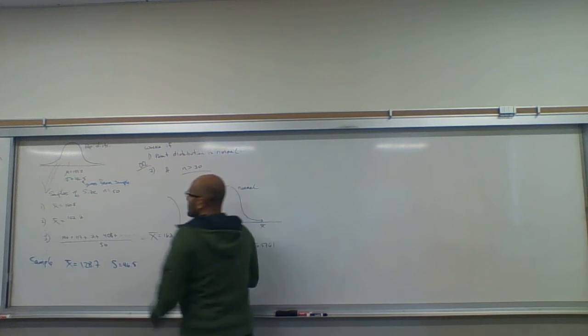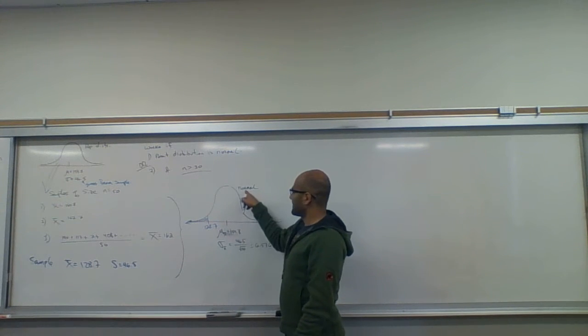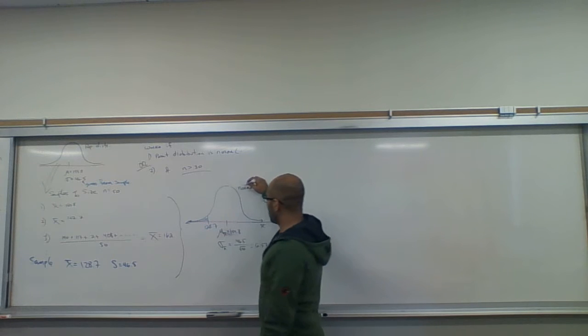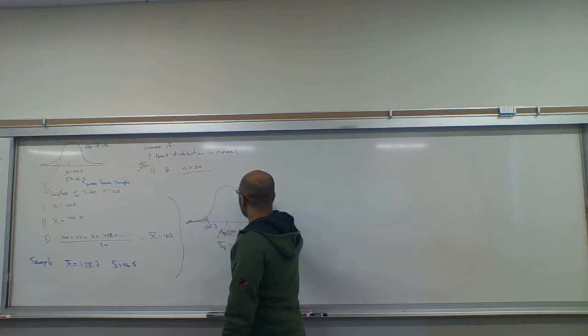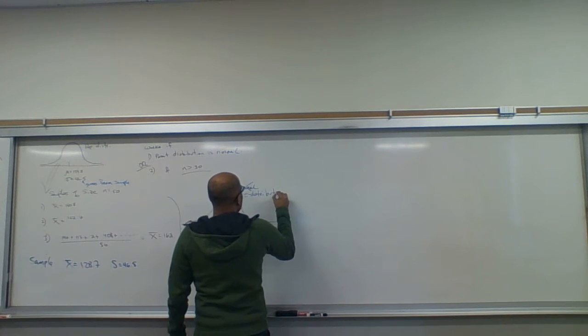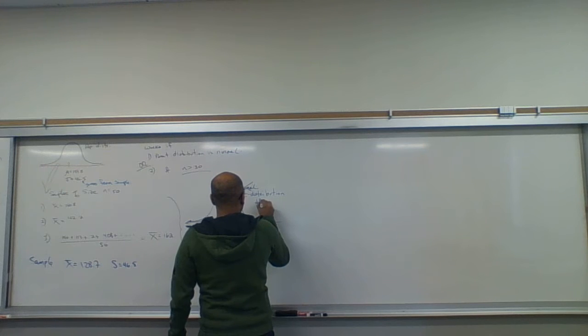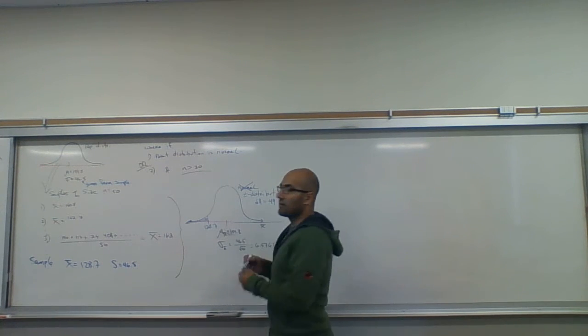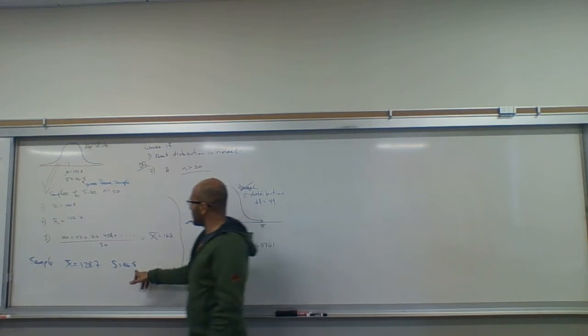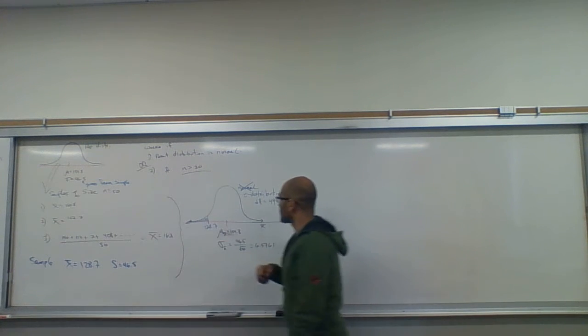Therefore, what happens when you use a guess from our sample? It's no longer normal, it's a t distribution. With how many degrees of freedom? N minus 1. So in this case, 49. Because we're using this one right there, it's got to be a t distribution.